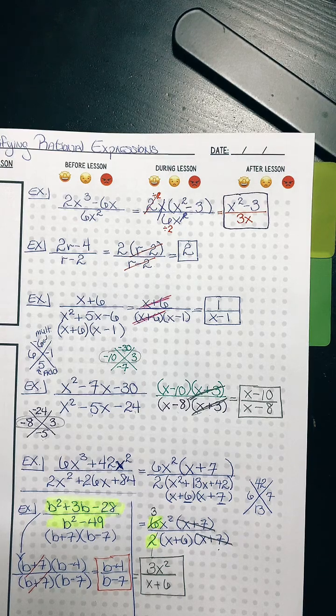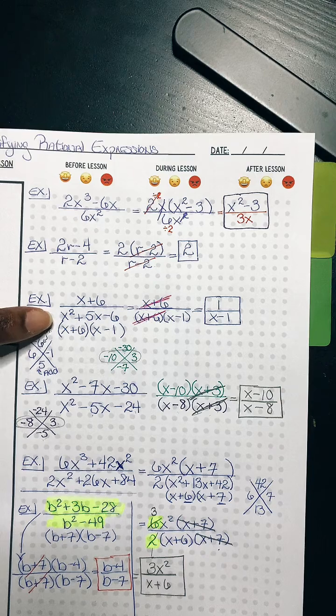Then, took it up a notch, we divided a binomial with a trinomial. Okay, so we had to go back into our arsenal of factoring with trinomials.